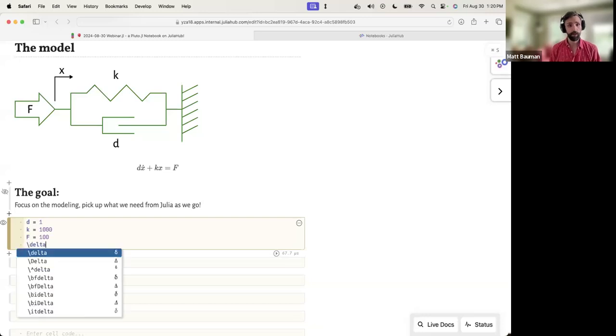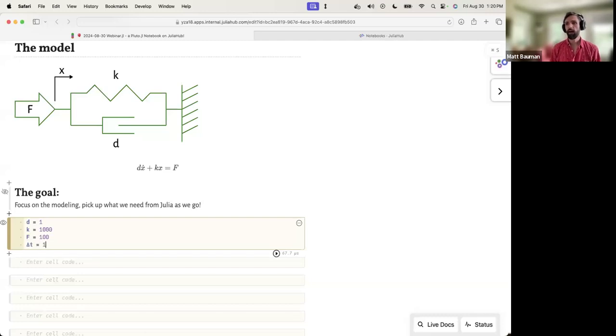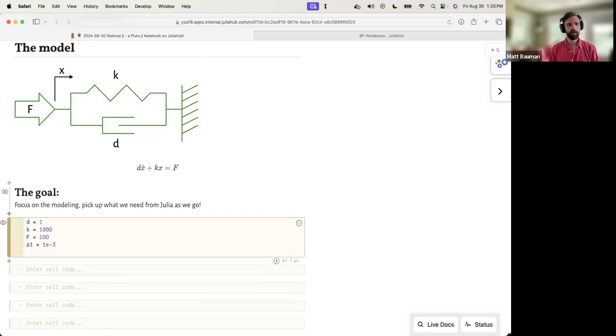So we have a capital delta T as our time step. We just do a bunch of steps over time and see what happens to the system as we apply this force to the spring damper system. And let's give ourselves a tolerance, right? You might want to solve this to some tolerance of how accurate that X needs to be.